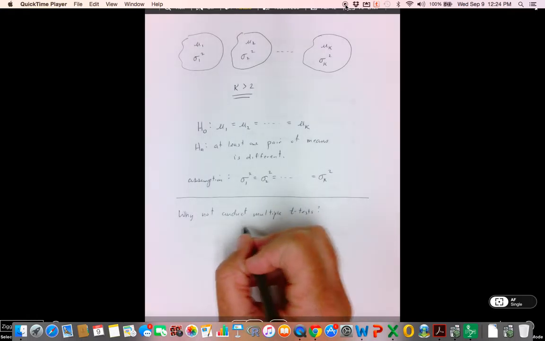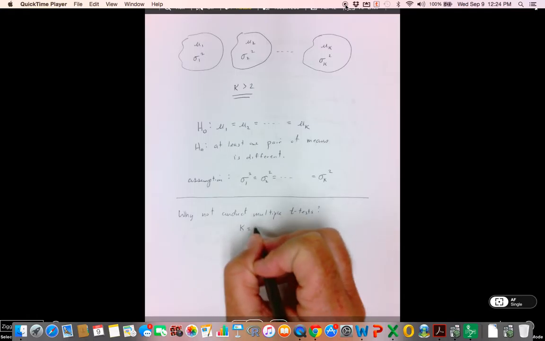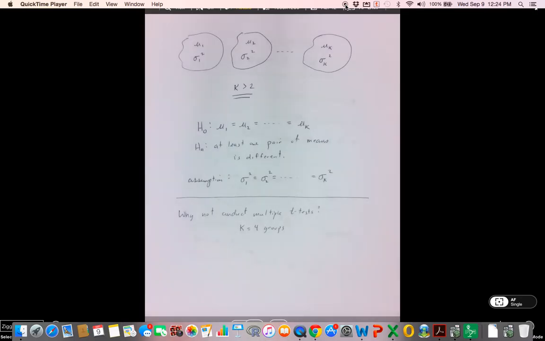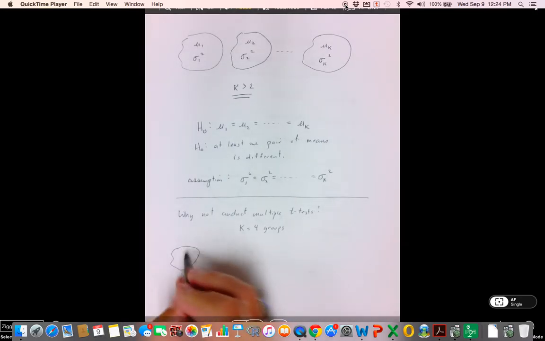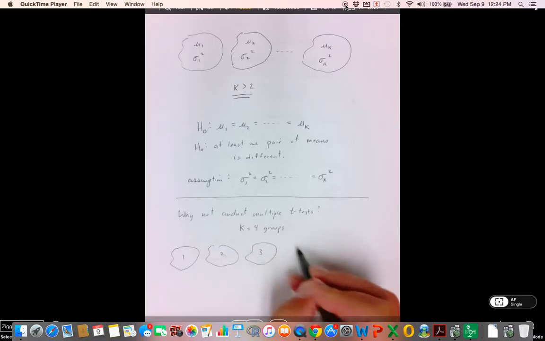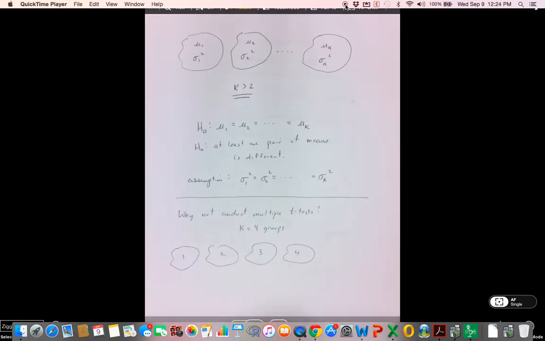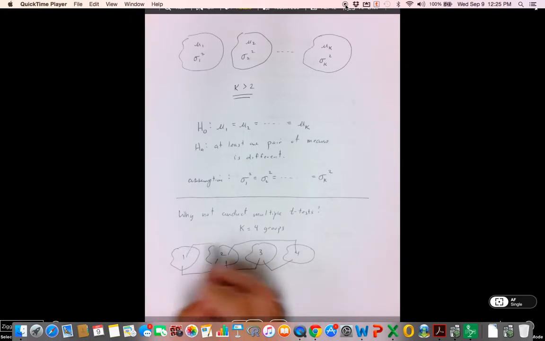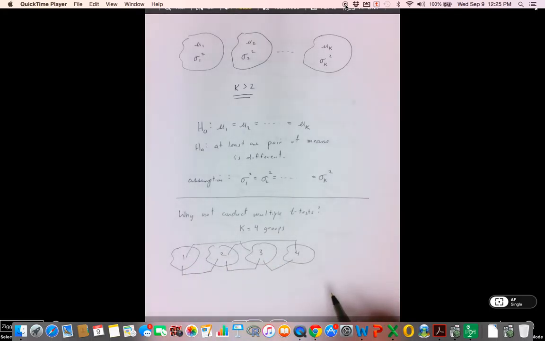Let's just do a simple illustration here. Let's say we have 4 groups: group 1, group 2, group 3, and group 4. And we could clearly examine group means between 1 and 2, between 2 and 3, 3 and 4, 2 and 4, 1 and 3, and so on and so forth.